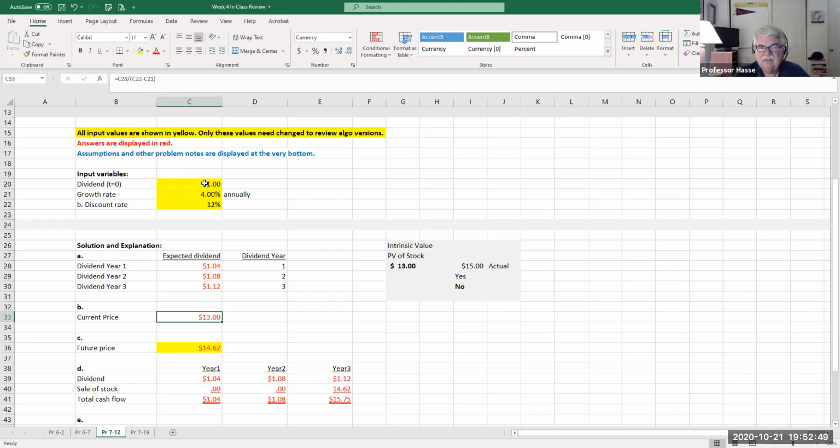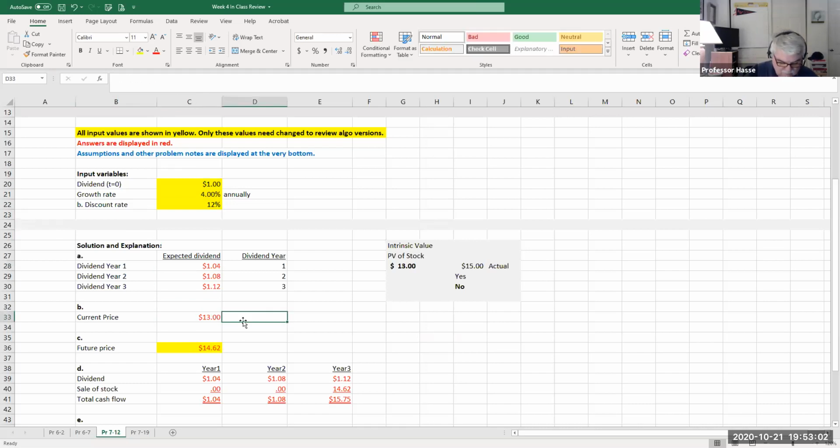The company is paying a dividend of $1. It's going to grow at 4%. So at the end of year one, the company is going to pay a dividend of 4% times one, $1.04. $1.04 divided by the difference between 12% and 4%.